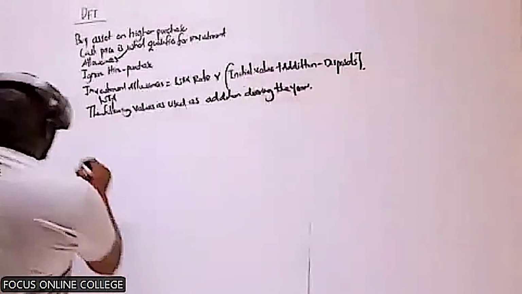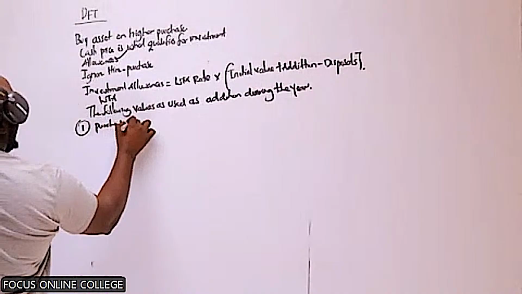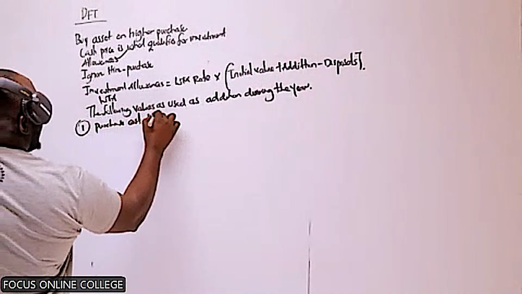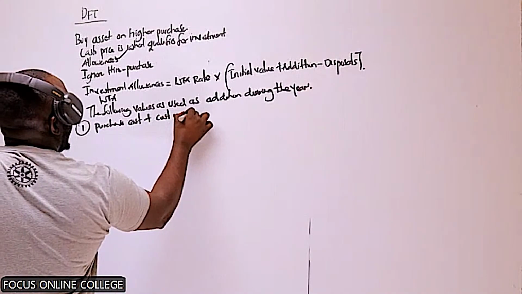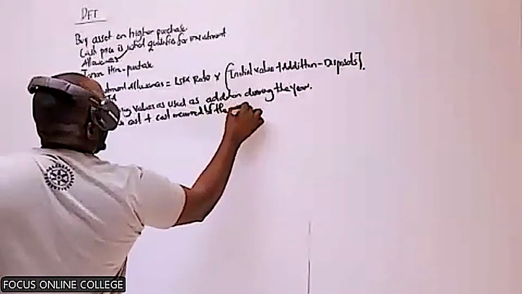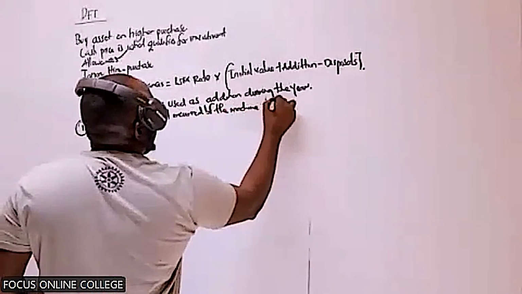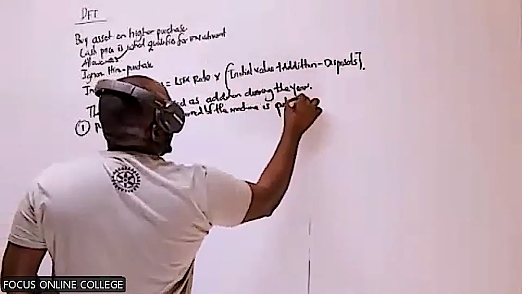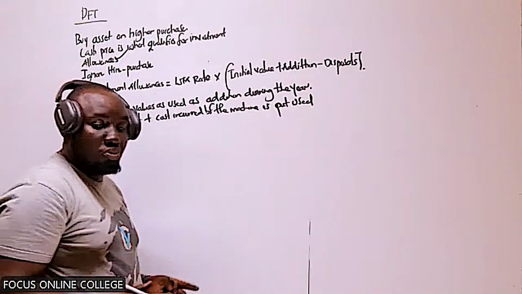One, to buy an asset, we say the purchase cost plus the cost that is basically incurred before the machine is put to use.